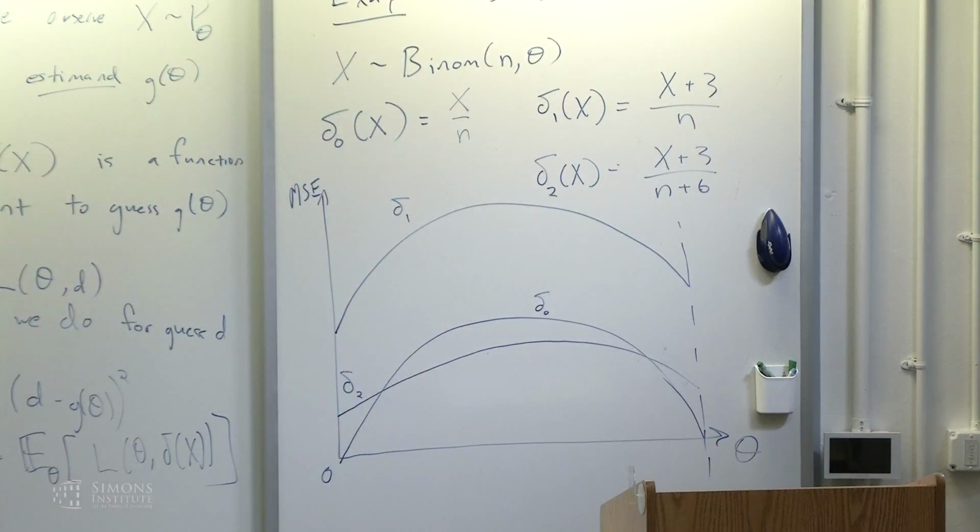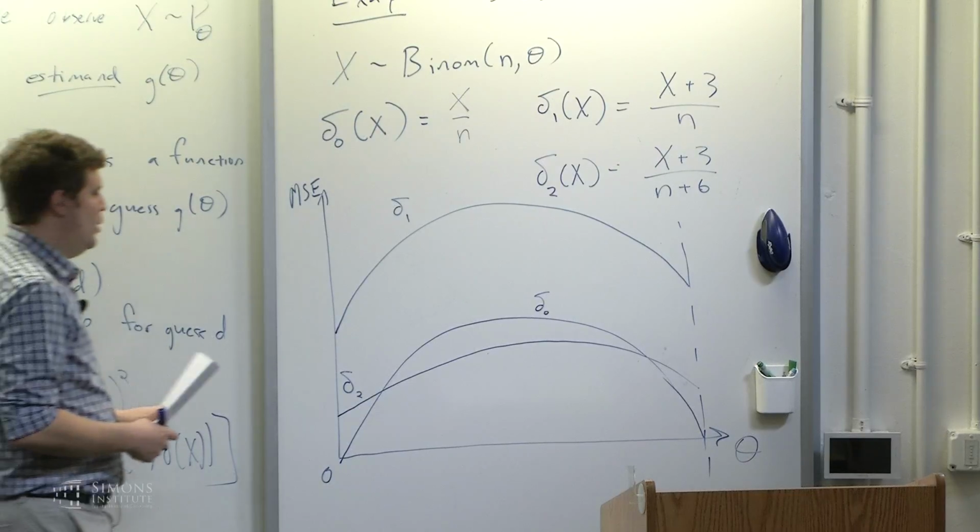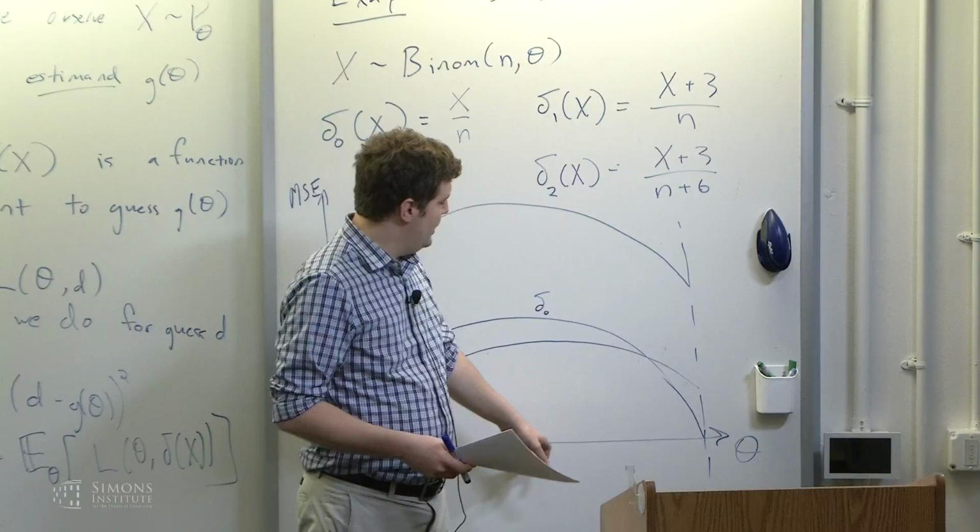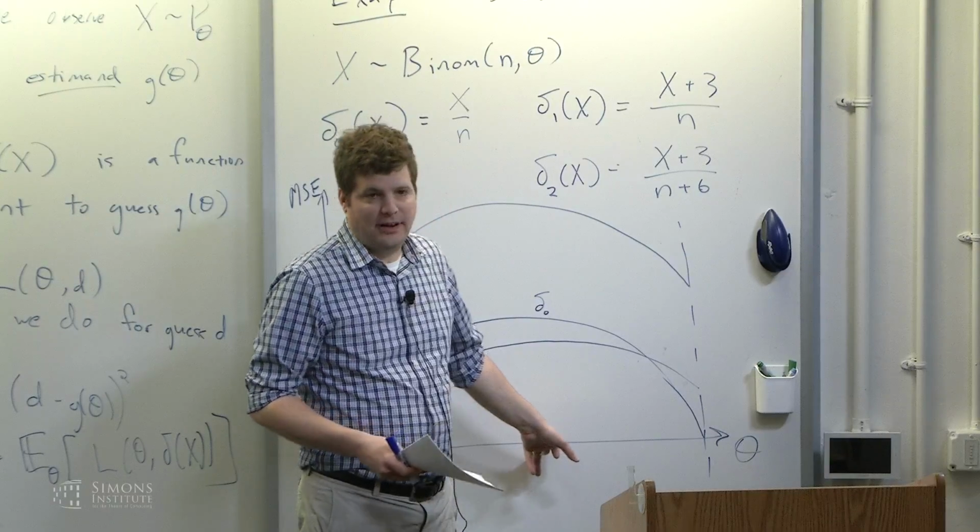You might hope that we could find a fourth estimator that uniformly dominates all three on this board, and furthermore dominates every other estimator. But we can see immediately that there's no hope of that. Consider the estimator where no matter what happens, I always guess theta equals 0.5.